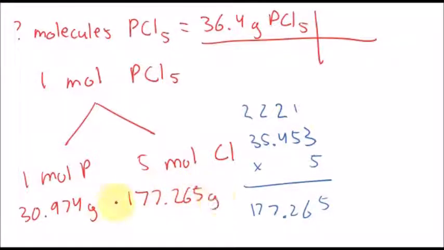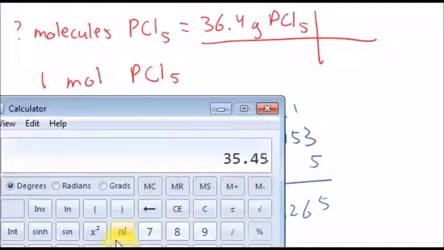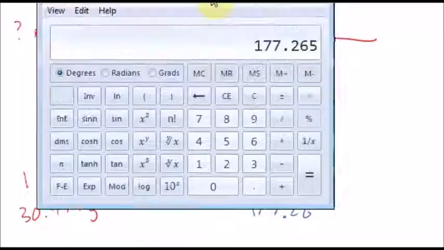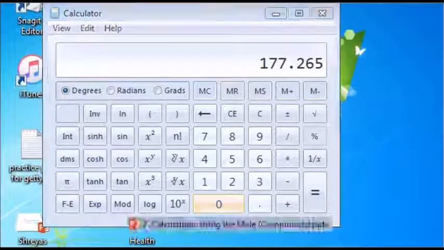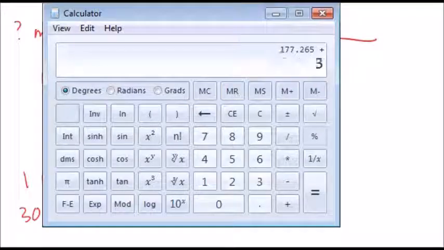Okay, then we can finally add this together. I'm just going to go ahead and make sure I multiply this out first. 35.453 times 5. Okay, yeah, that's correct. And then we can add that to 30.974. And we're going to get a total mass of 208.239.